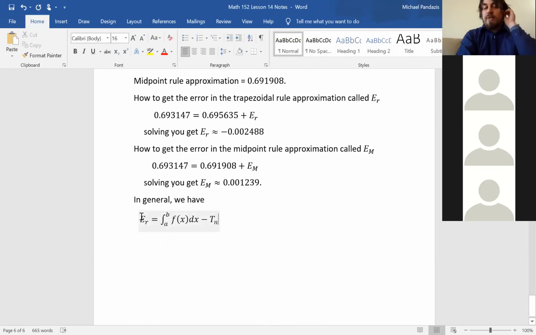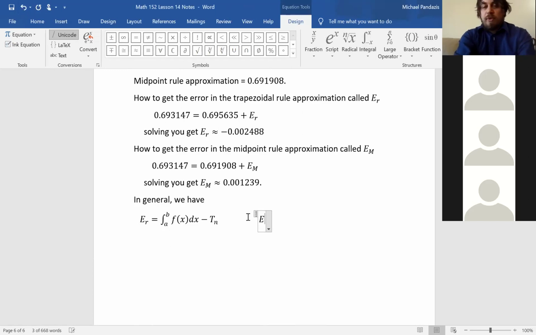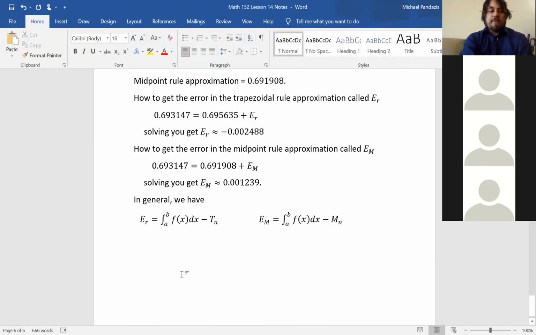So the error in the trapezoidal rule approximation is equal to the actual value minus the trapezoidal rule approximation. And I'm going to write something to explain that a little bit more underneath. First, I just want to write this. The error in your midpoint rule approximation is equal to the definite integral from a to b of f of x dx, the actual value, minus the midpoint rule approximation.